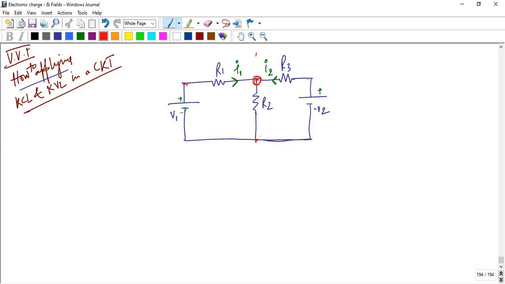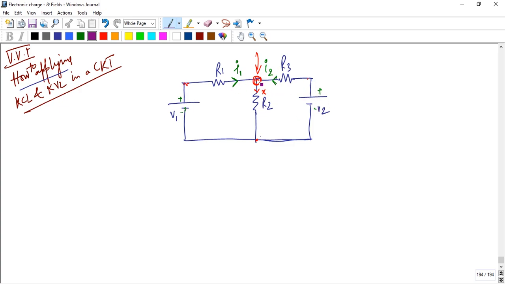Apply KCL here. We don't know the current direction, but current passes through R2, so that's X unknown. Current passes in that direction. This is I1 from V1, I2 from V2.